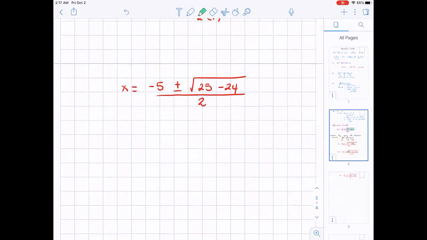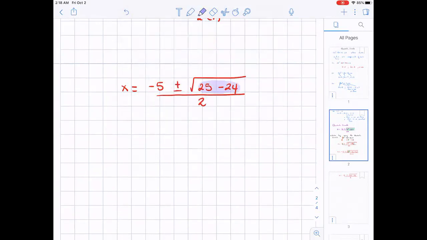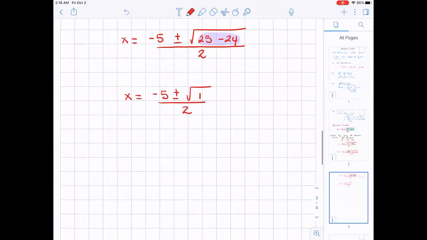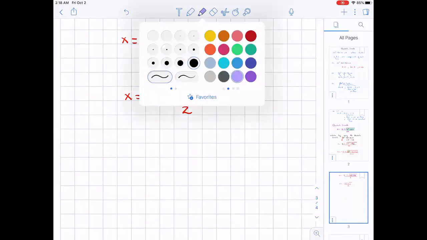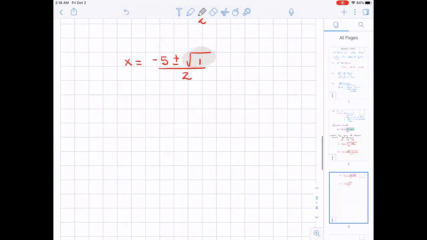Simplifying under the square root, we have x is equal to minus 5 plus or minus the square root of 1 over 2. And then the next step is to identify if we know the square root of this. So the square root of 1 is 1.